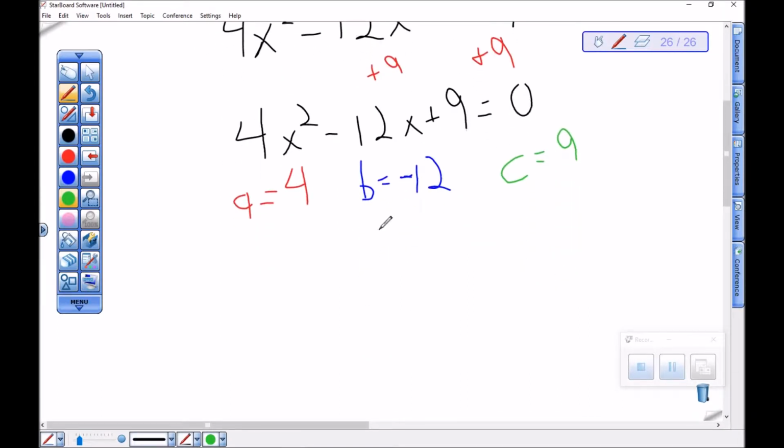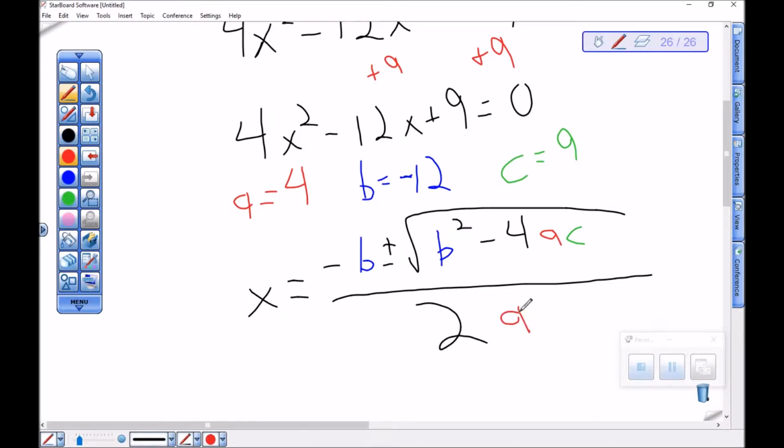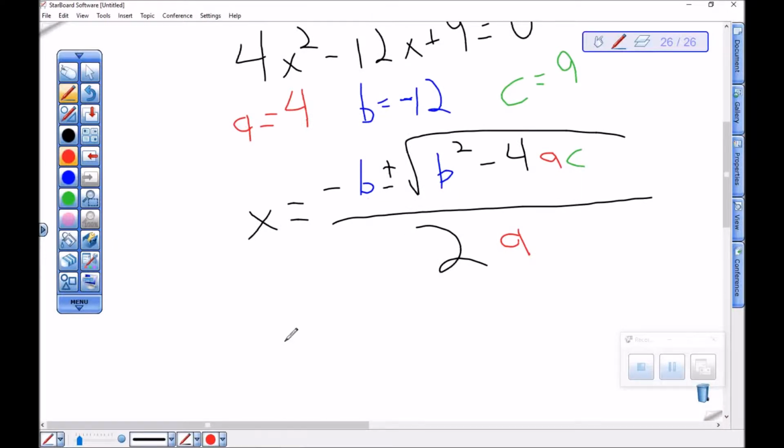Okay, so I want to use those values and substitute them into x equals negative b plus or minus the square root of b squared minus 4 times a times c, all divided by 2a. All right, so let's get the values in here.